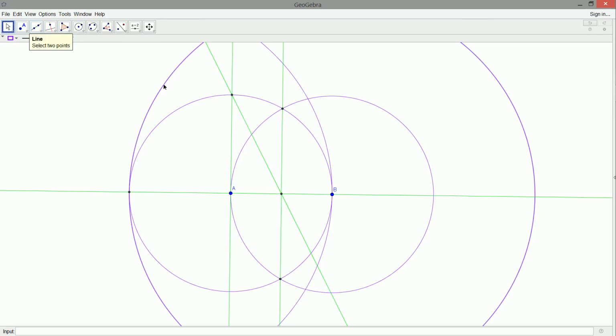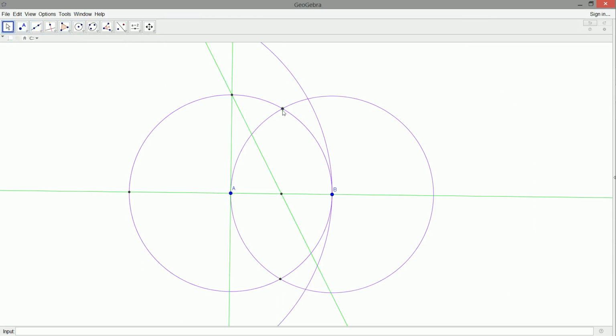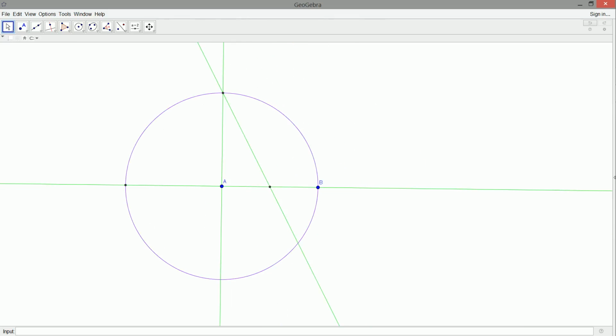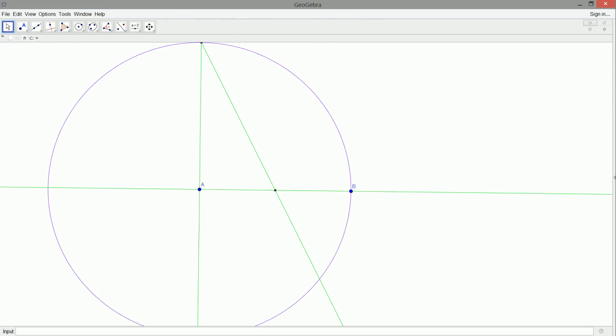So I'm going to clean things up just a little bit, get rid of some extraneous points. What don't we need? And I always forget about the points from zooming out. And I suppose we don't need this point here either. Okay, so we're going to bisect this angle right here. Well, we need to remember, how do we bisect an angle?